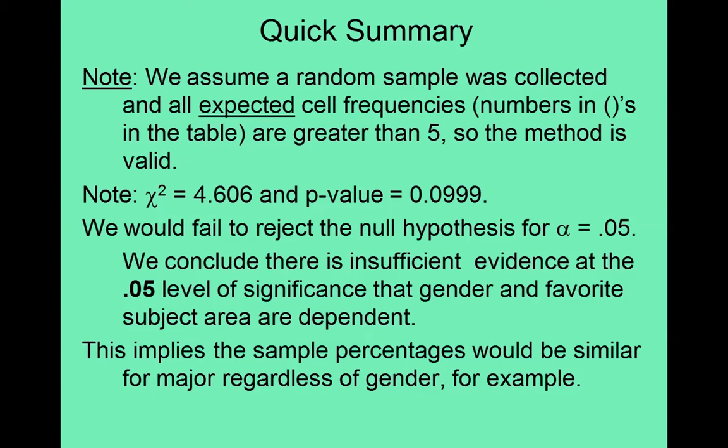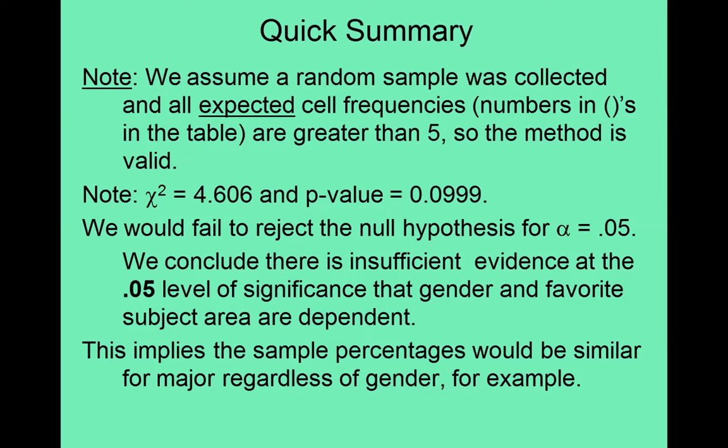Let's look at a quick summary. First, note that we assume a random sample is collected, but we see that all the expected cell frequencies, the numbers that are in parentheses, are greater than 5, so the method is valid. Also, the test statistic value is that chi-square is 4.606, and the p-value is 0.0999. We would fail to reject the null hypothesis for an alpha level of 0.05.